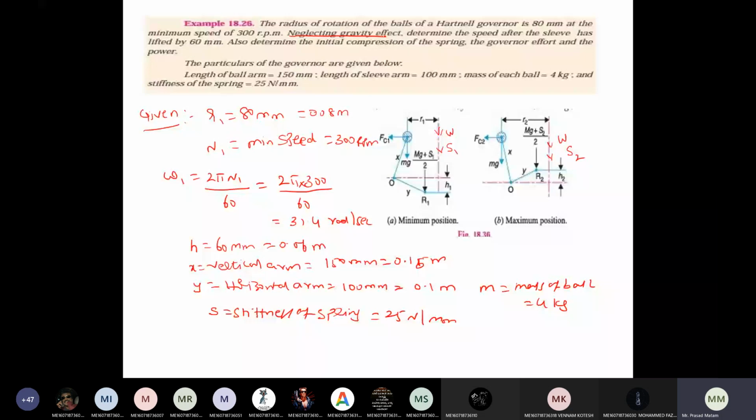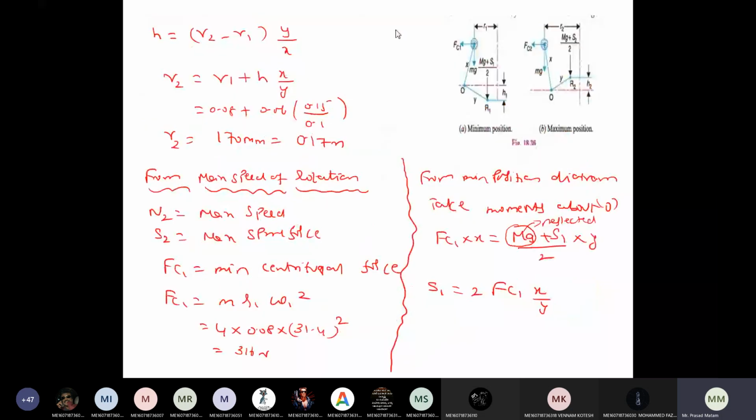Due to gravity, weight of the sleeve is being neglected. Due to gravity, the term mg will become 0. Therefore, S1 is equal to 2 FC1 into x by y will come.